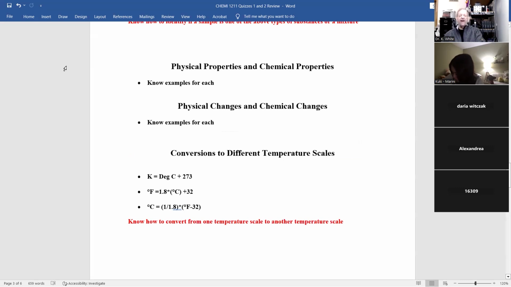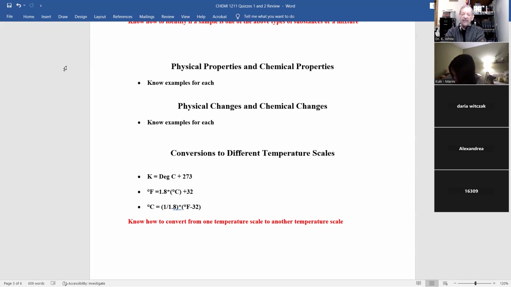Now, when we talk about substances, there are two different types of properties: physical property and chemical property. A physical property tells how it changes state, like water freezes at 0 degrees C. A chemical property describes how it will or can undergo chemical change.